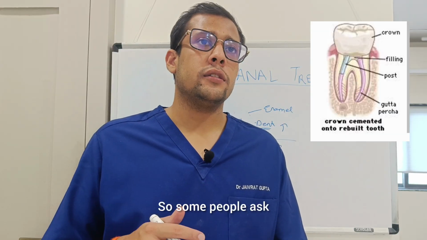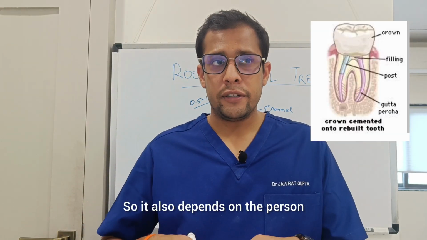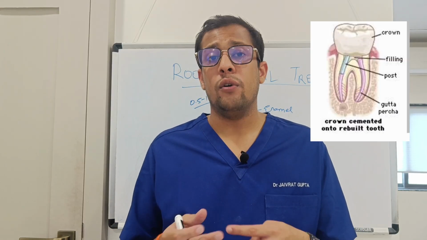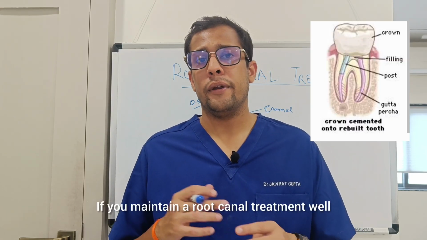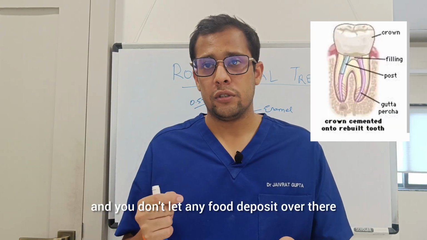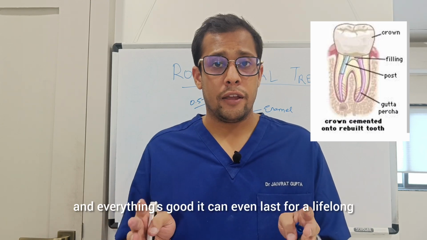So some people ask, what is the life of a root canal treatment? So it also depends on the person who is getting it done, and it also depends on how well you maintain it. If you maintain a root canal treatment well, and you don't let any food deposit over there, and everything's good, it can even last for a lifetime.